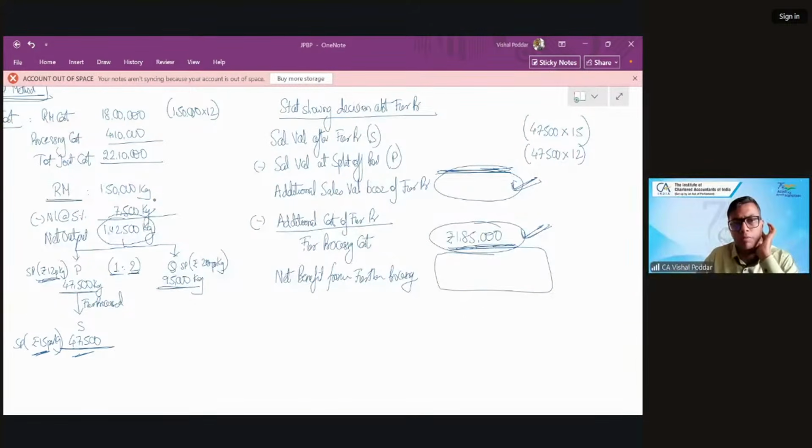Shamli, what is your 142,500 representing? Acha. 142,500 is the additional sales value. So this figure Shamli is giving as 142,500 is the additional sales value.